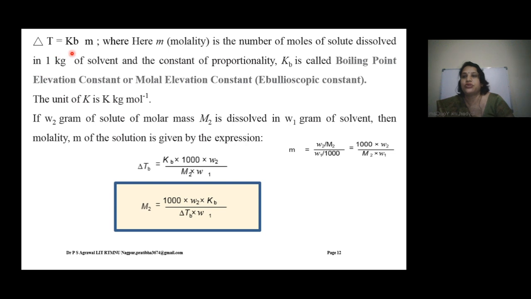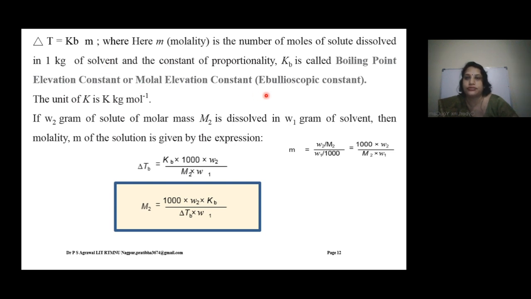Now it reduces to delta T equals Kb times m, where m is the molality, the number of moles of the solute dissolved in 1 kilogram of solvent. It depends on the number of moles only. And this constant of proportionality Kb is known as the boiling point elevation constant or molal elevation constant.